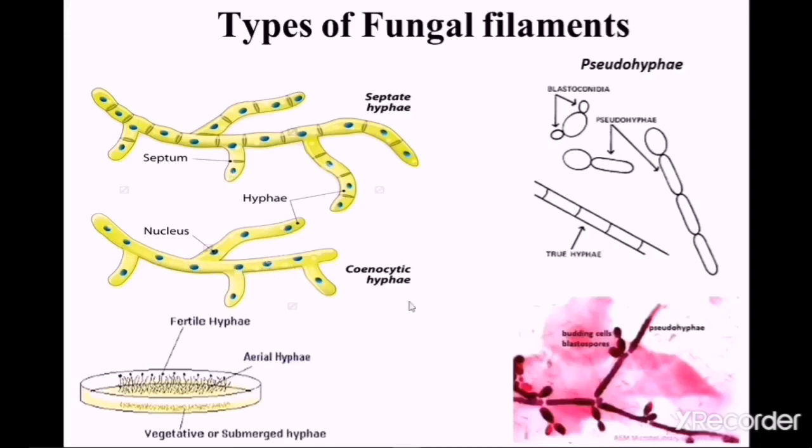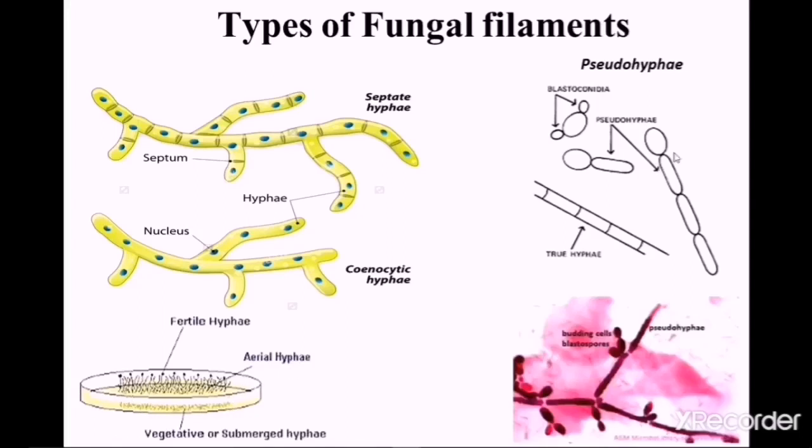So this is also known as coenocytic hyphae or aseptate hyphae. Then you have aerial hyphae, which are above the surface of the media, and vegetative hyphae, which are submerged in the media.